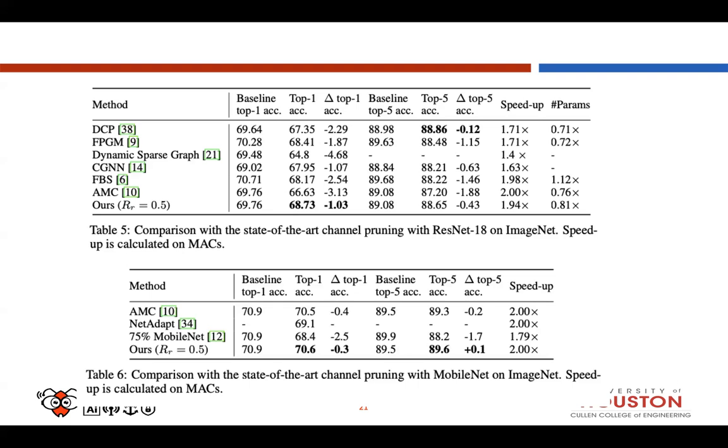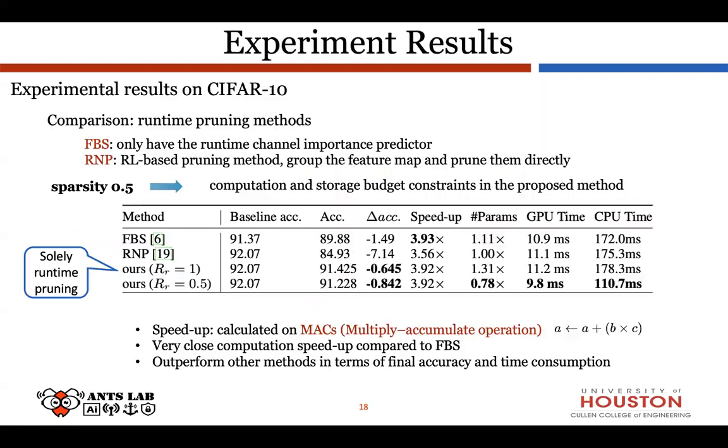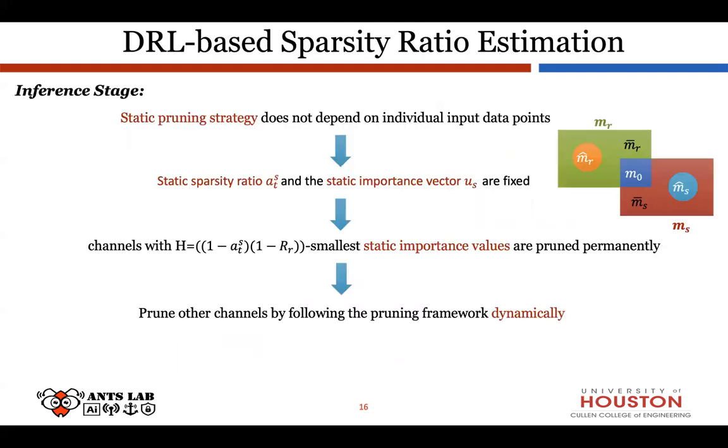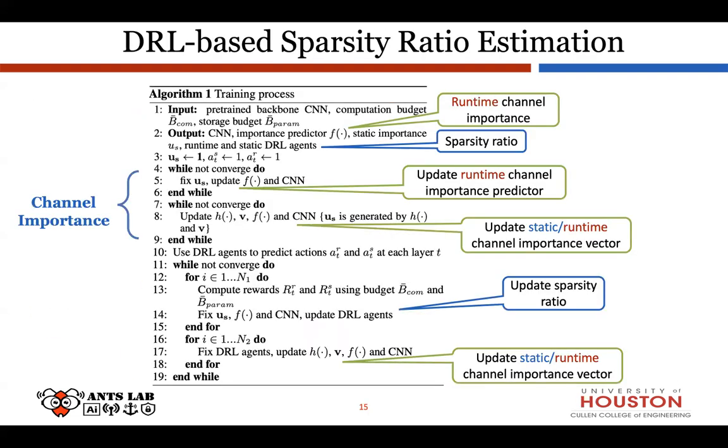They don't have the theoretical parts, because for this importance predictor, we use a neural network, and for this pruning ratio, we also use a neural network. So it's hard to derive any kind of theory. Maybe this is a system work, so this is their style. This is normal. Yeah, I agree.